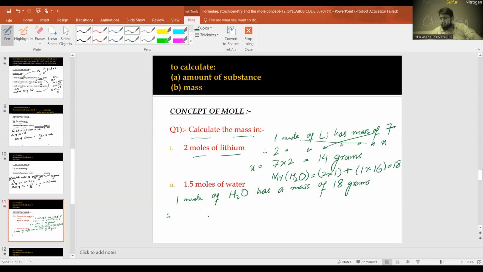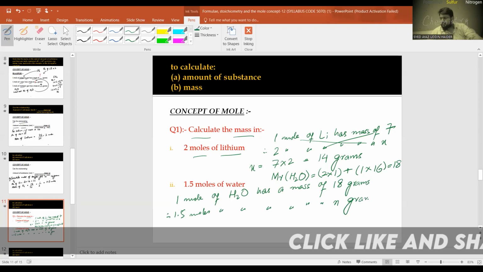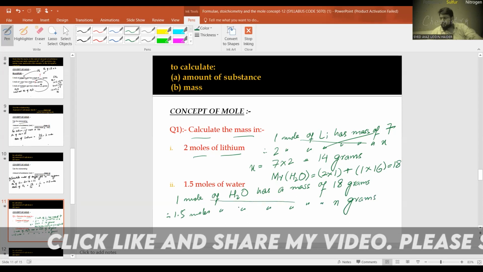Therefore, 1.5 moles of water has a mass of X grams. Do the cross.